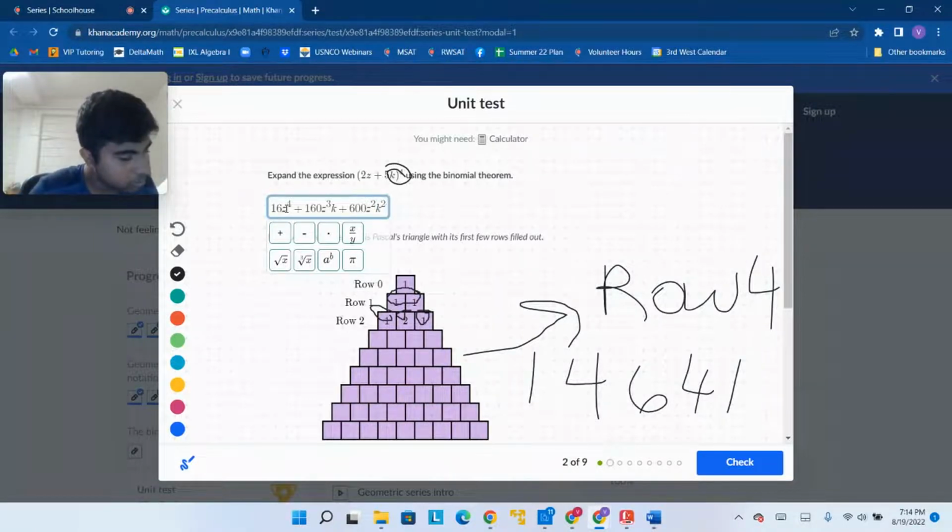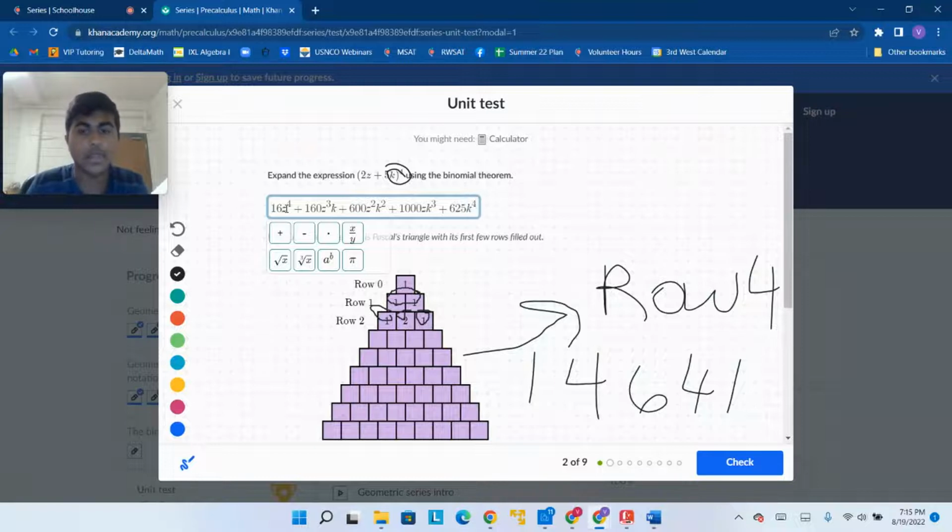And then you have 4 times 2z times 5k cubed. 5 cubed is 125 times the 4 is 500 times the 2 is 1,000. So you have 1,000 zk cubed. And then you have 5k to the 4th, 625k to the 4th. And that's that.